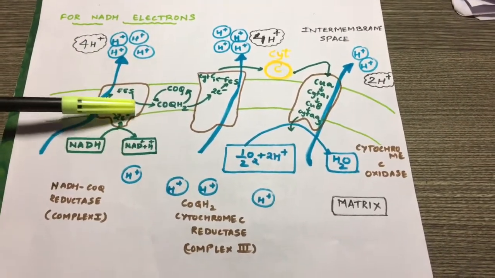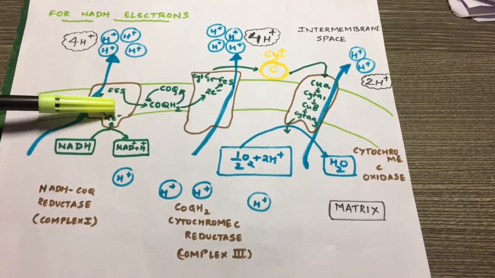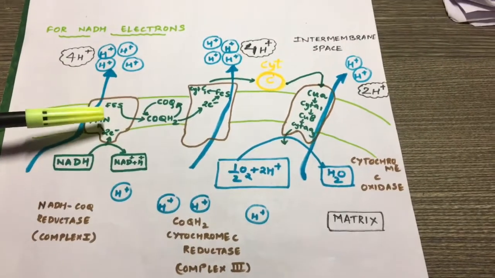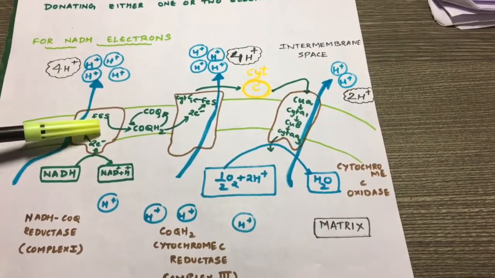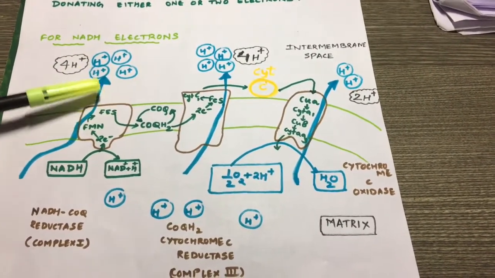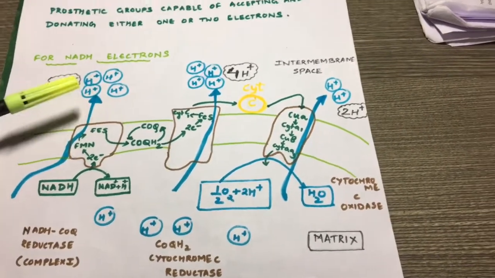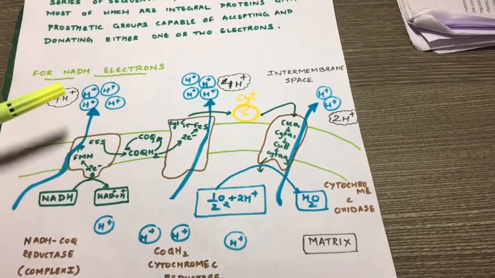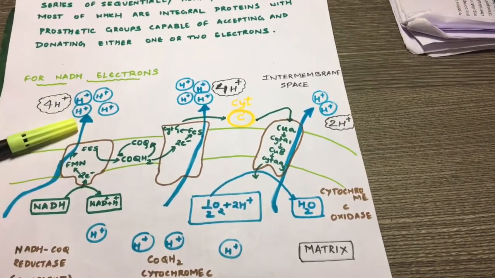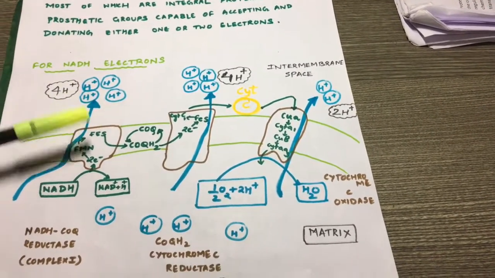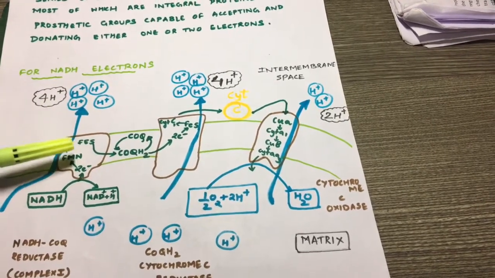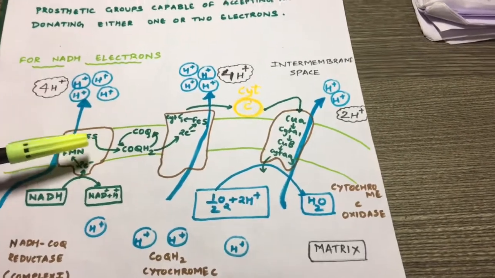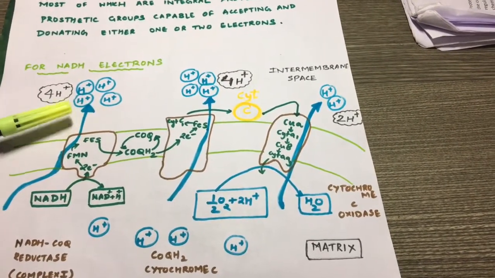As the electrons are transferred from complex 1 to complex 3, a large amount of energy will be stored in the intermembrane space, and this stored energy will create an electrochemical gradient across the membrane.